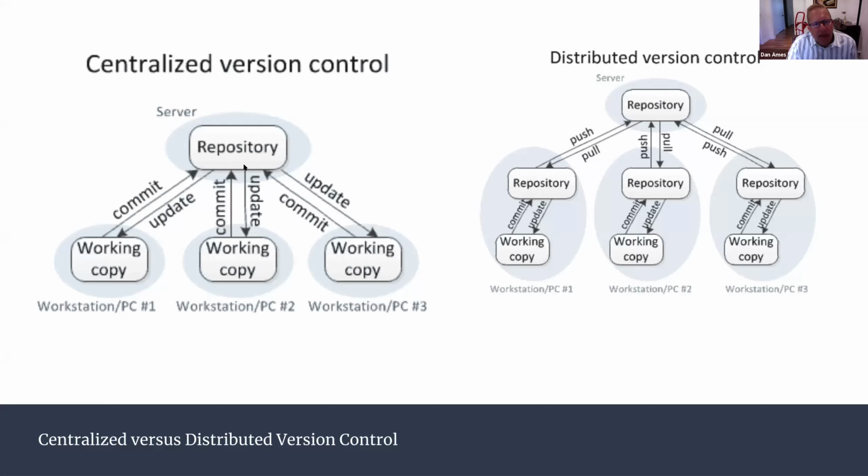They often called that person a benevolent dictator because they were benevolent in that they allowed people to have access to the repo, but they were still the dictator because they could control everything that comes in and out of it. In this mode, this is Subversion, this is Team Foundation Server, this is CVS. This worked for years and years, but this is the distributed version system that Git and Mercurial use.